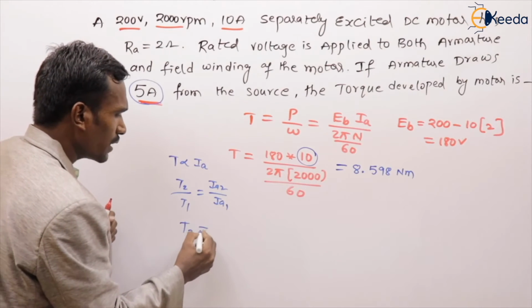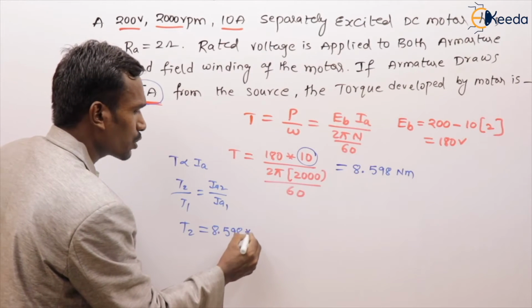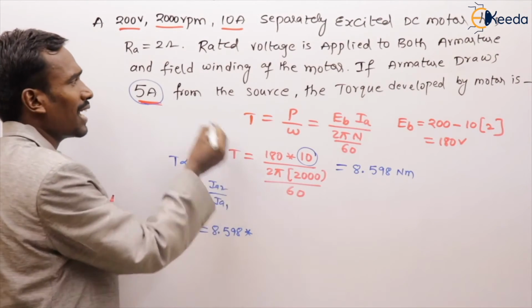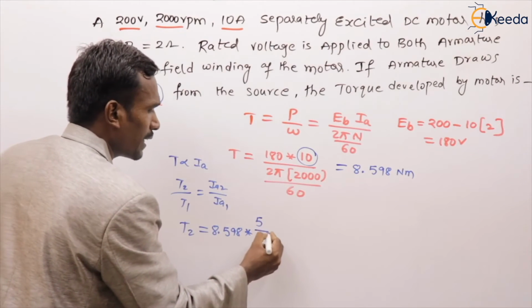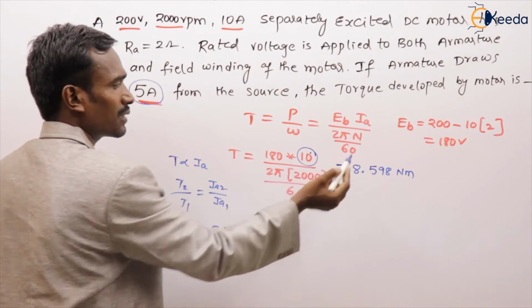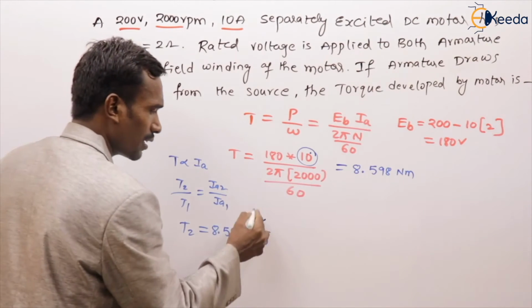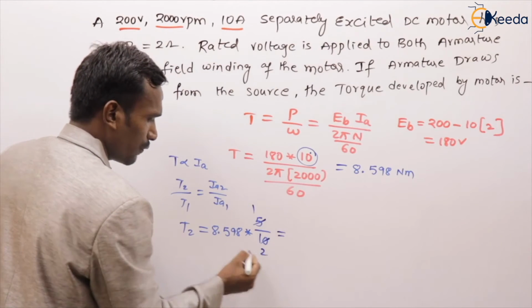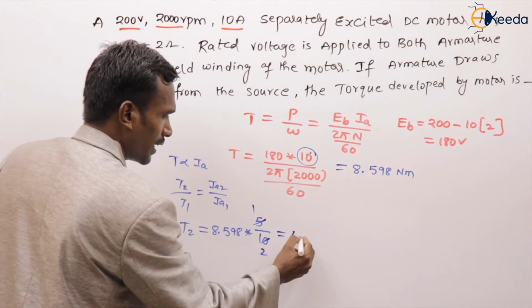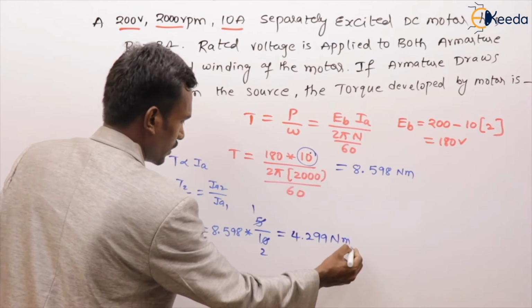So T2 is equal to T1 into IA2 by IA1. IA2 is 5 amperes, IA1 is 10 amperes. For 10 amperes, this is the value. For 5 amperes, what is the value? Calculate once or twice. If you calculate this, you get 4.299 Newton meters.